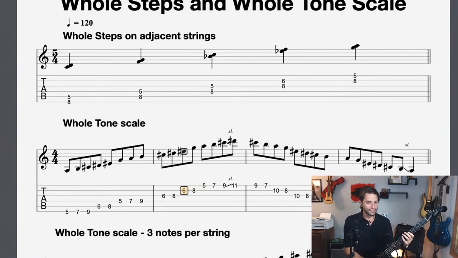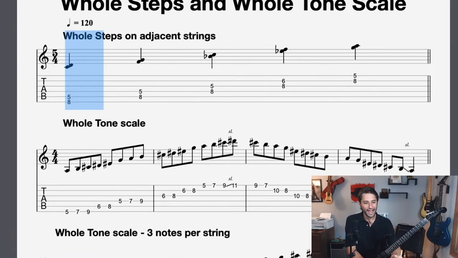So we get to know what the fingering looks like between 2 adjacent strings. That's maybe from the 8th fret, the C note on the E string, over to the D note on the A string. Whole step. Same thing as before: the first 3 sets of strings have the same fingering, then 1 fret smaller between the G string and the B string, and back to the previous fingering for the B string and the E string.